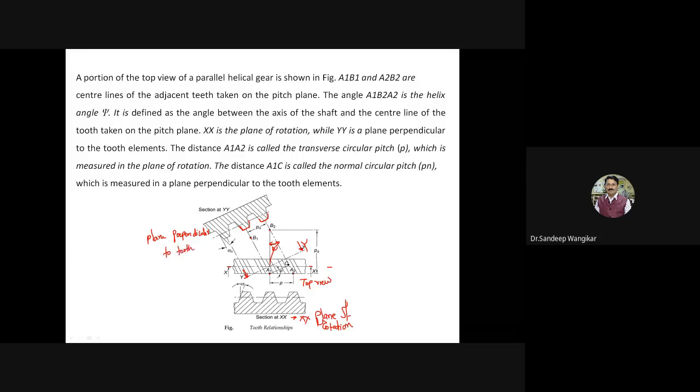The distance A1, A2 is called the transverse circular pitch. See here, the distance A1, A2, these two points. This is shown as P.